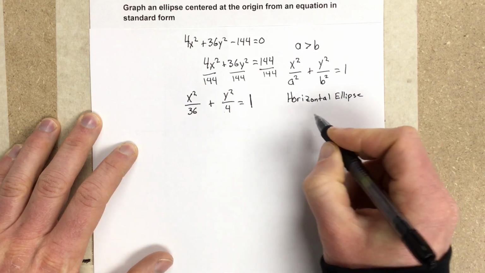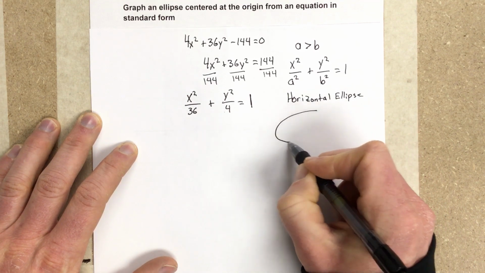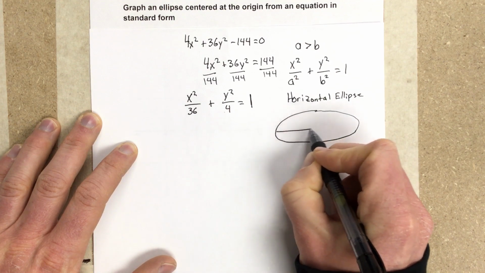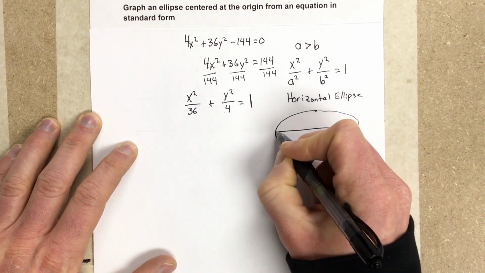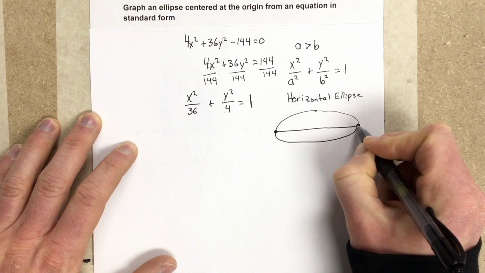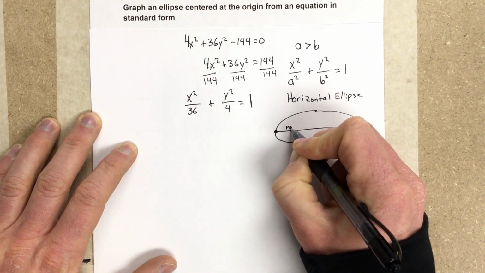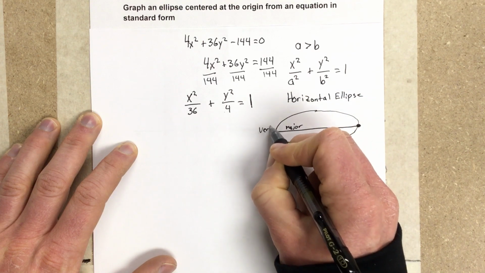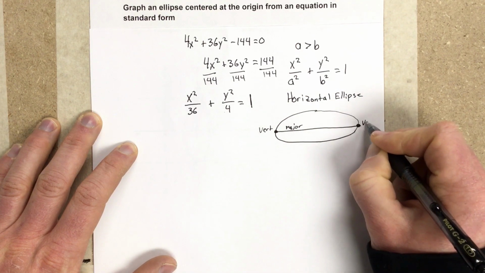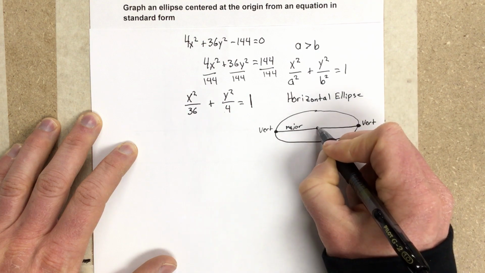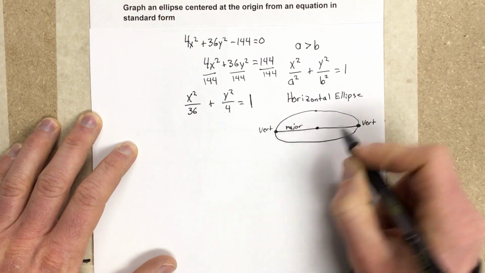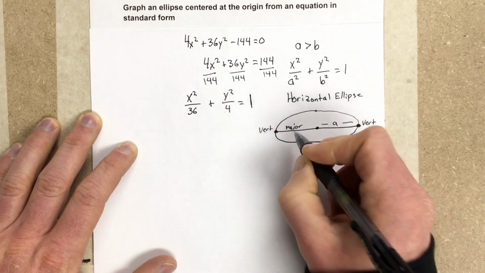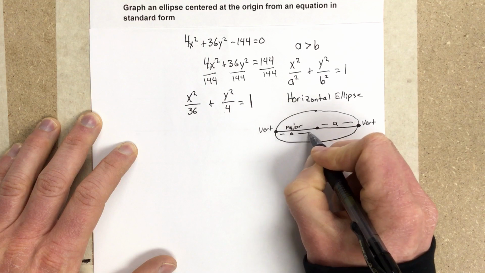So my ellipse should look like this. And I would have a major axis here with vertices at the endpoints. So this is a major axis, and then these are vertices. And if you remember, the distance from the origin to each vertex is going to be a distance of A. So I got A distance here, and then A distance here.